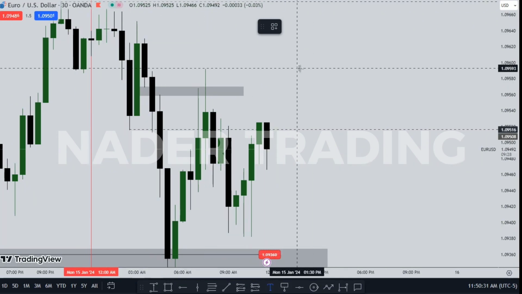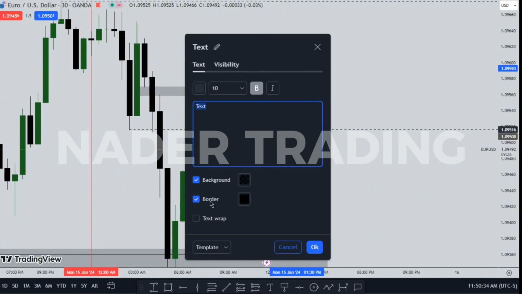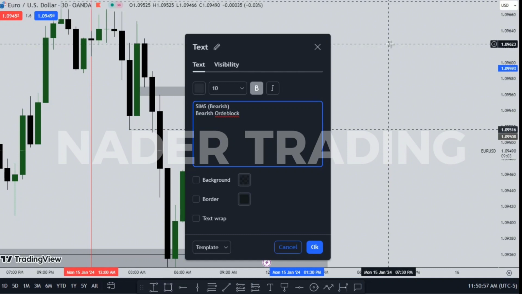Let me align them. I have a shift in market structure, which turns out to be bearish for the day. Like I said, it's just a daily, lower time frame order flow. Then I have my bearish shadow block. Sorry, I think I got to put an R there.